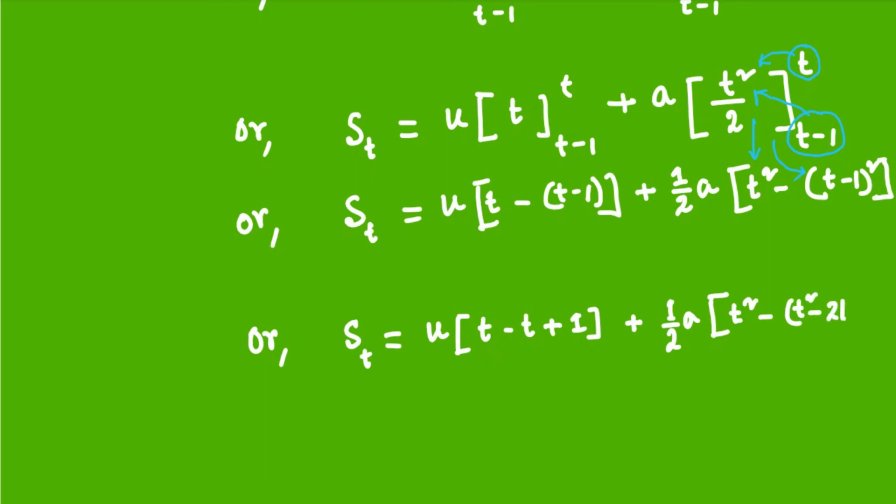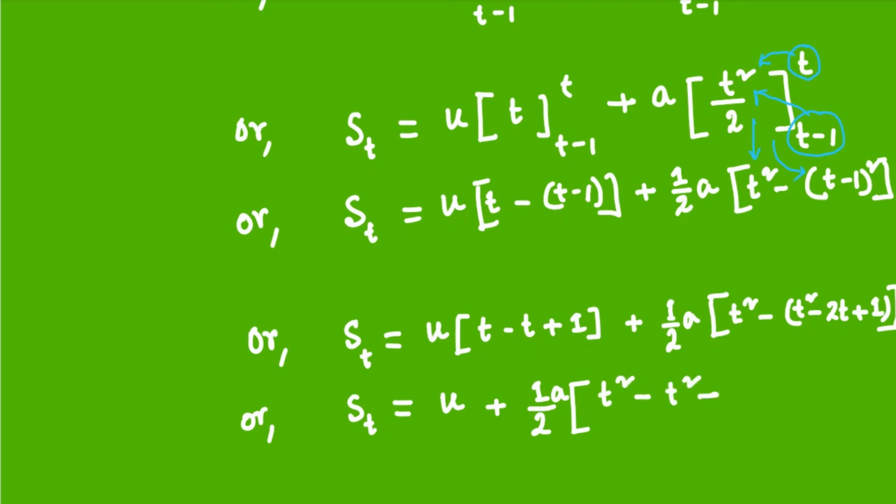Or, st equals u plus half a (t square minus t square plus 2t minus 1).